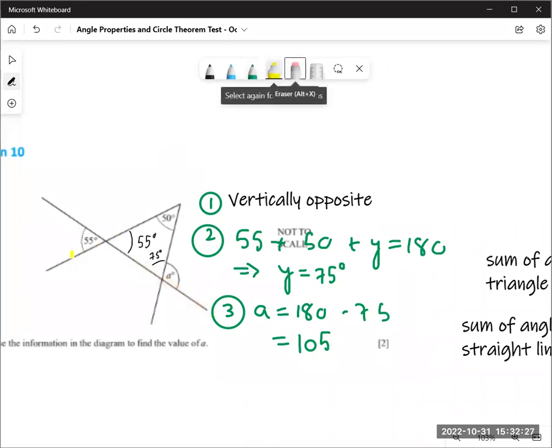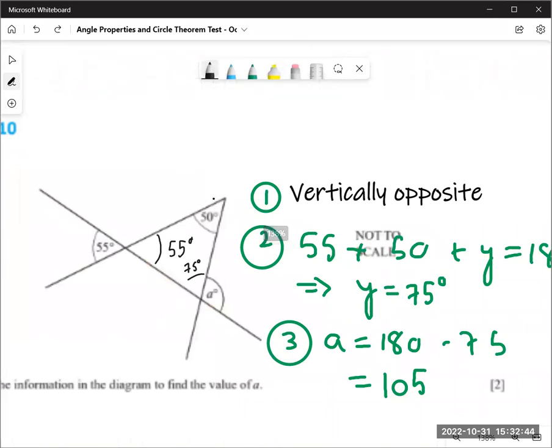Now, you said alternate angles are equal. For that, we need a Z, right? Something like this. Where is the Z? Which Z did you make? Draw on the screen if you can.